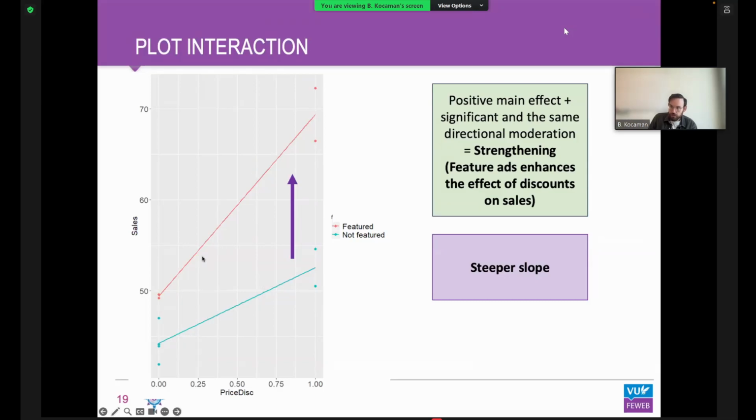Here, in both cases, you see positive effects, and then you see that it's actually more positive. The slope is more positive, so it's steeper when this product is featured. And this is exactly what we have seen, right?